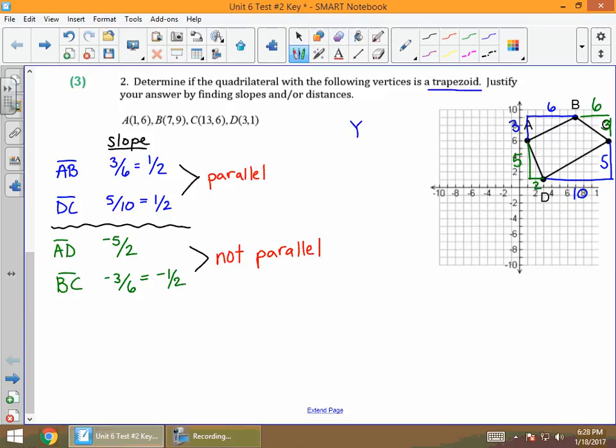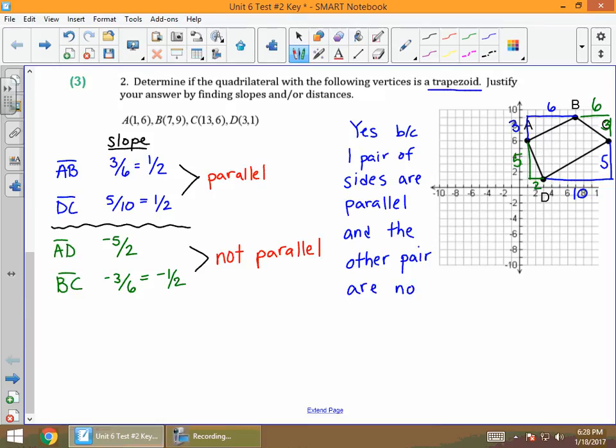My answer is yes, because one pair of sides are parallel, and the other pair are not. And that is a trapezoid by definition. So one pair is parallel while the other pair is not. All right, that's the end of page 1.